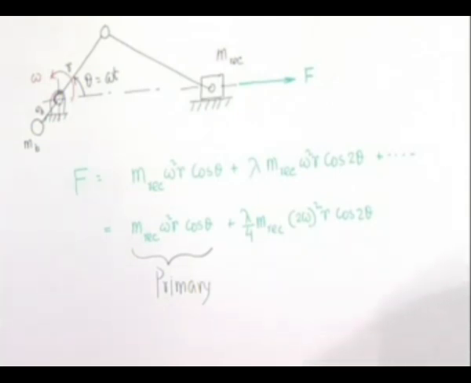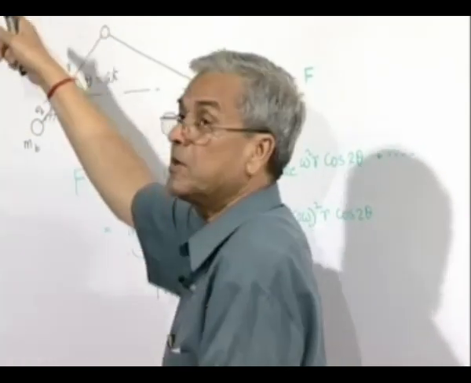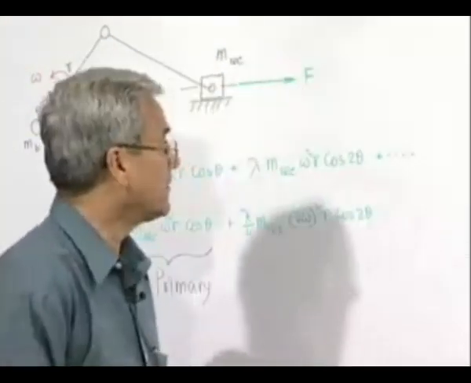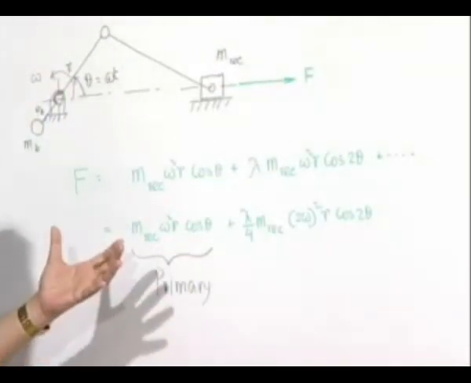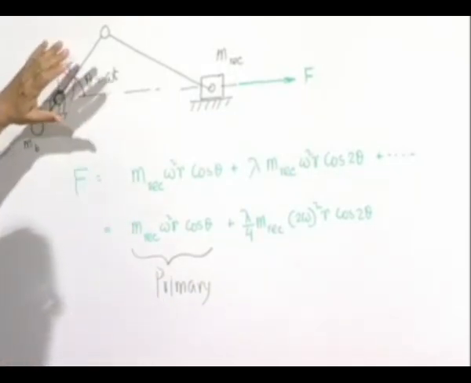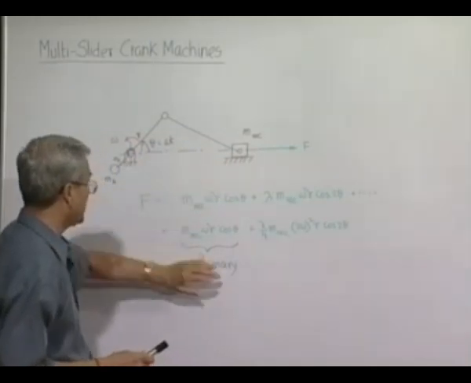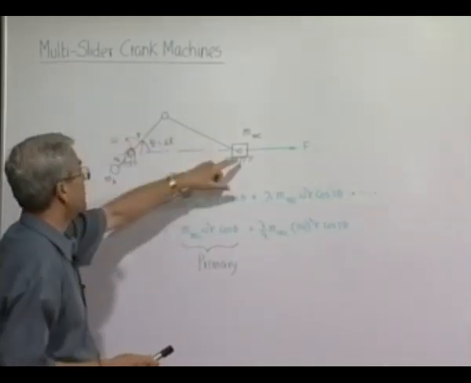But remember that if we really place a mass here, it will also produce the other component. Thus, if we keep in mind that the real force is only along this, then the primary can be represented by placing this reciprocating mass here.